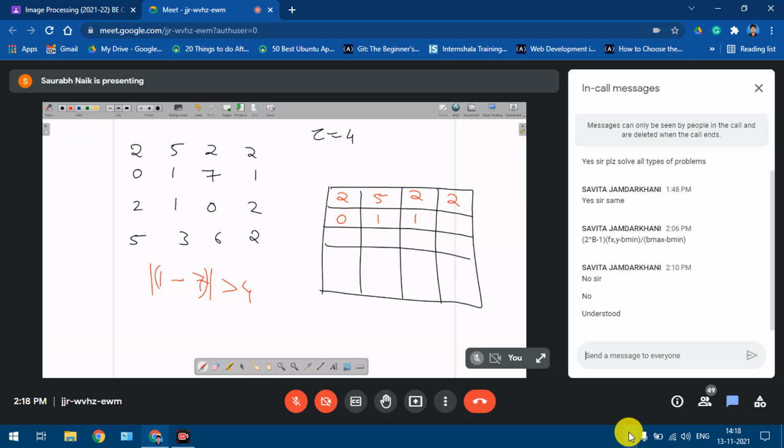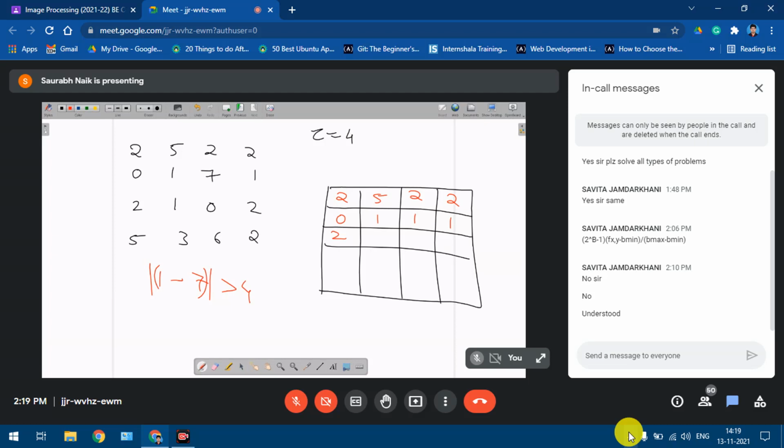I think for the rest of the values you won't be getting any difference. Let's still check. 2 plus 2 plus 7, that's 11. 11 divided by 4 should come to about 3. So the difference is again less than the threshold. Here you would get the output as 6 divided by 4, that's 1.5, so 2. So that's the same value.